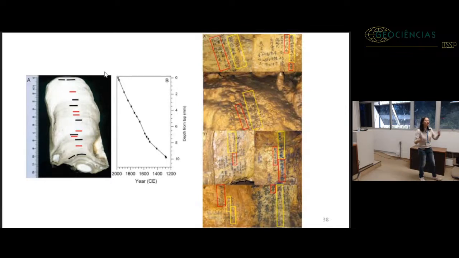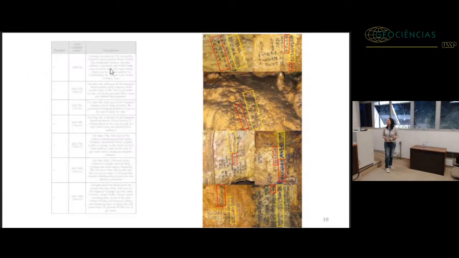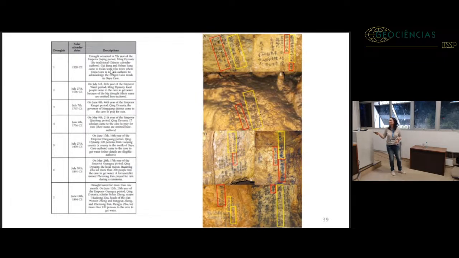So sometimes you just have to look around you to find the tips, you know? And these records were inscribed. So you have the age and the dates according to their calendar in that period.